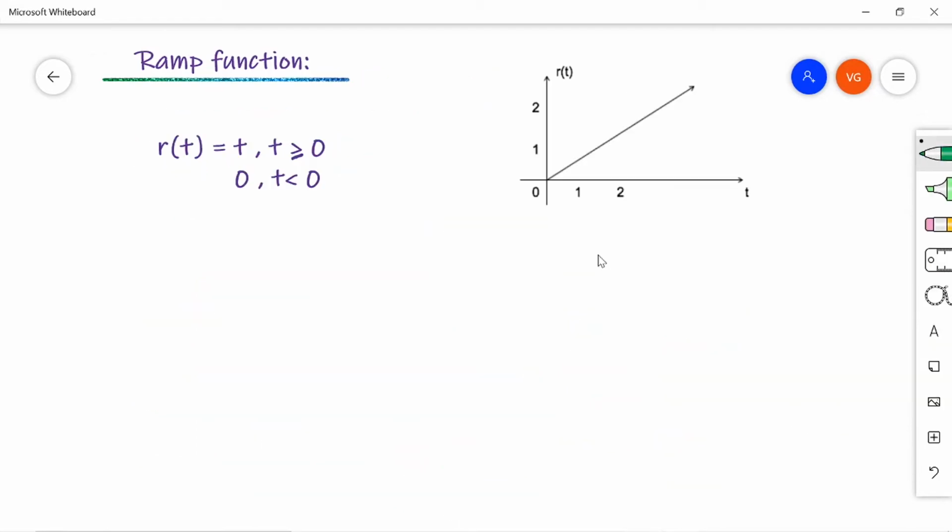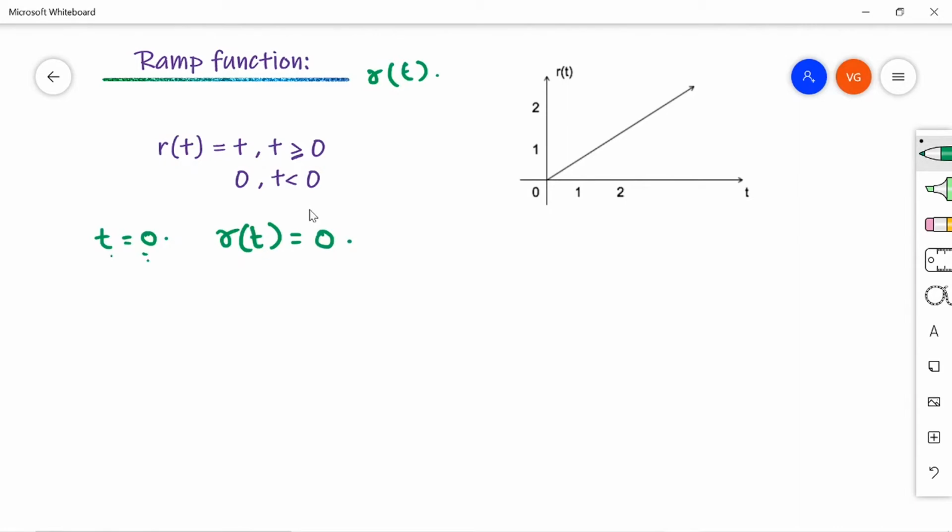The next signal is the ramp signal. The ramp signal is indicated with r of t, where r of t is equal to t for t greater than or equal to 0 and r of t is equal to 0 for t less than 0. Suppose we take t is equal to 0. As r of t is equal to t, whatever value you take for t, the same value will reflect as the r of t amplitude.